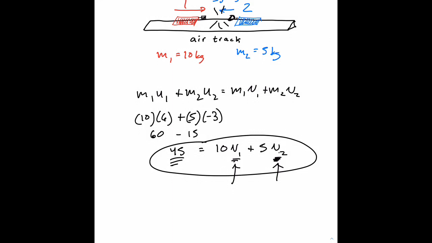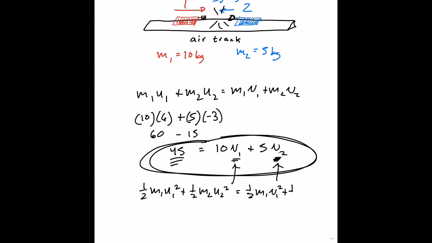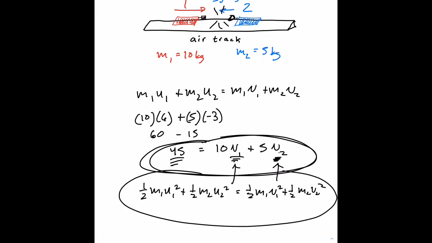Okay, but there's only one way in which you can satisfy this equation and then also satisfy this condition, that 1/2 m1 u1 squared plus 1/2 m2 u2 squared is equal to 1/2 m1 v1 squared plus 1/2 m2 v2 squared. There it is. We have 2 equations for 2 unknowns, but this is going to be a fairly challenging bit of algebra or arithmetic.